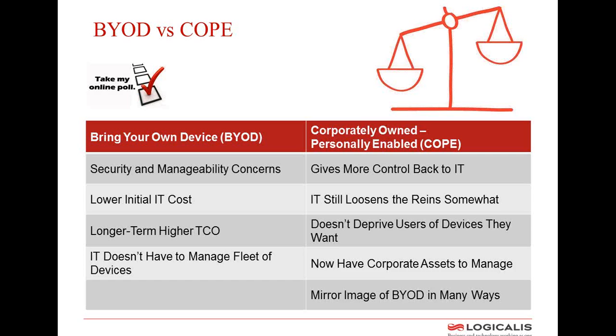So that could be installing their own personal apps, photos, music, videos, etc., their own data on the device, but doing so in a way that gives more control back to IT.